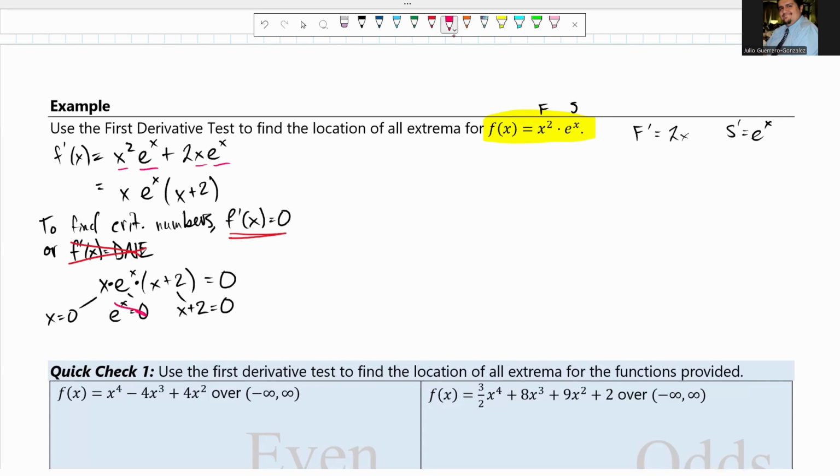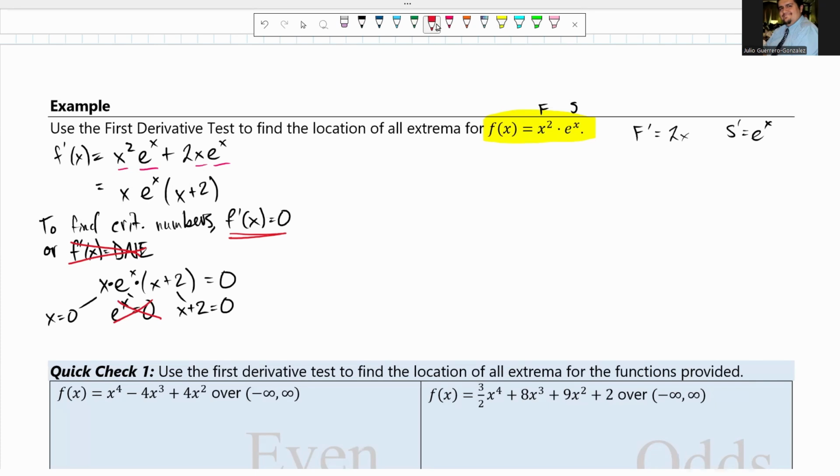E to the x is equal to 0. This one is the one that can't happen. E to the x is an exponential. It sits above the x-axis all the time, so that can never drop down below 0.